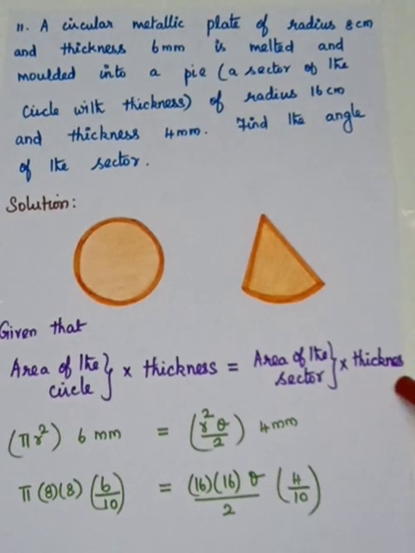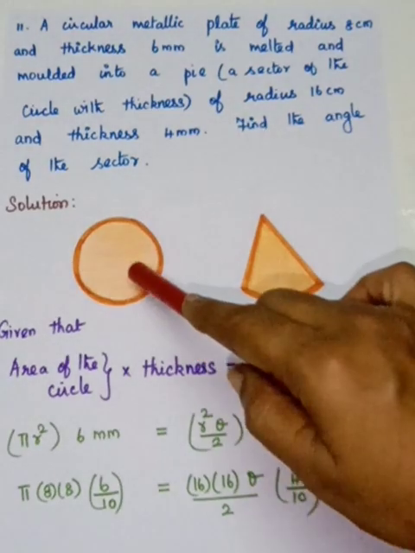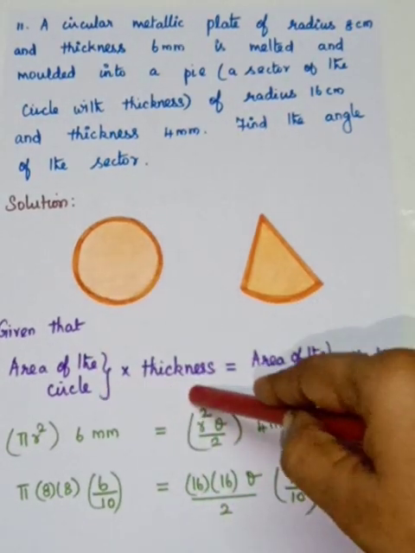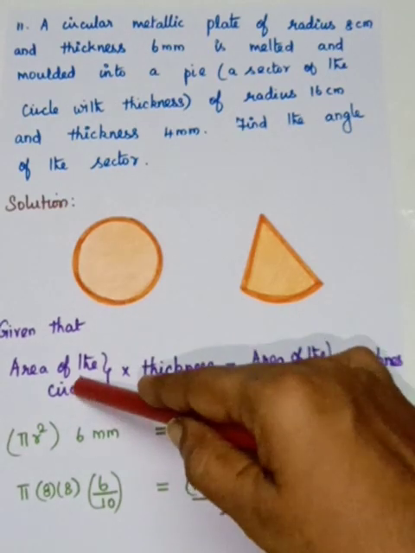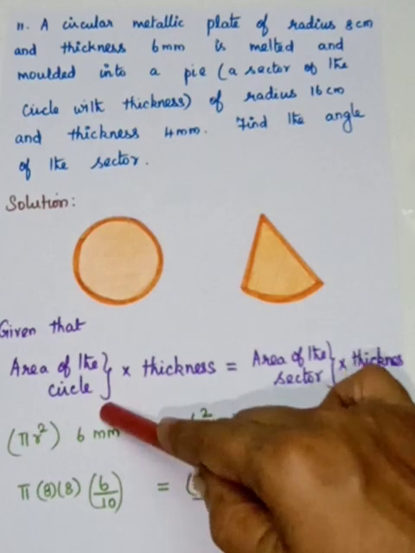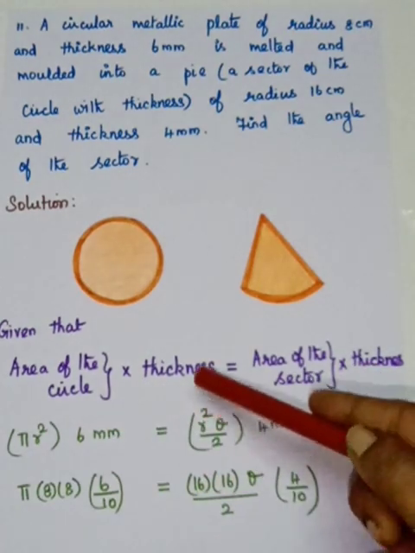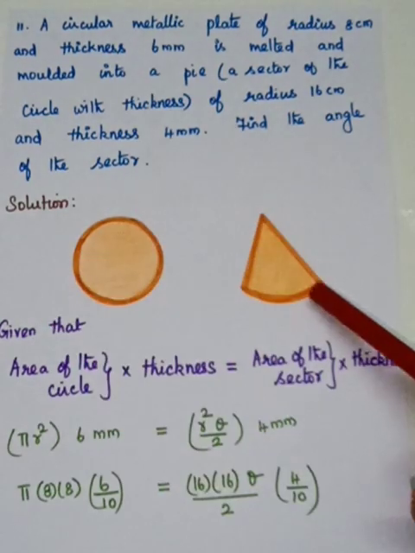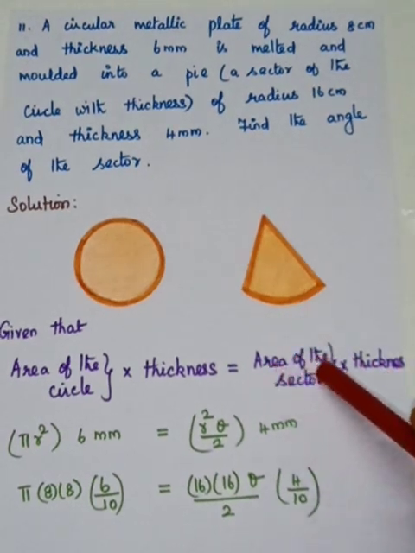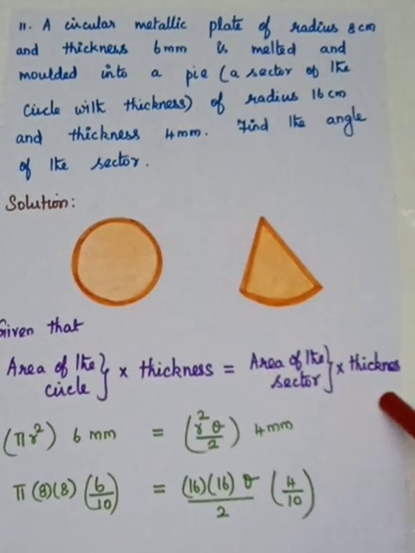Instead of saying the volume, I have said area of the circle into thickness, that is like length into breadth into height. In the same way, 2 dimensions are involved in area. So area of the circle into thickness is totally converted into this pie, which is in the form of a sector. So area of the sector into thickness.